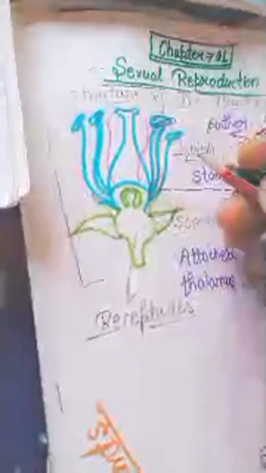Next to the corolla, toward the inside, is the androecium, made up of stamens, representing the male sex organ.